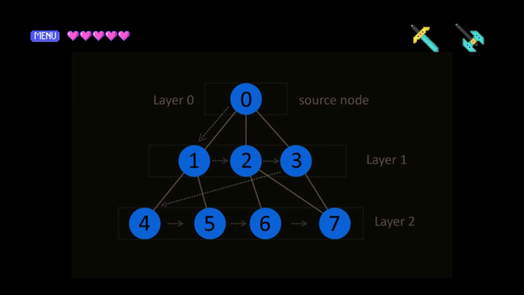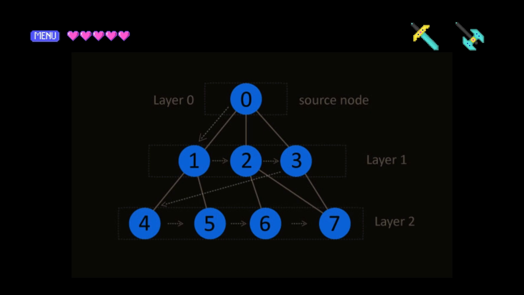So the three closest to 0 are now searched, which means added to the queue. Then it will go to 4 because 4 is the closest to 1, then 5, then 6 to the 2, and then 7 to the 3. So 0, 1, 2, 3, 4, 5, 6, 7. This is the order in which the breadth first algorithm searches. Now you get the idea of the breadth first search algorithm.